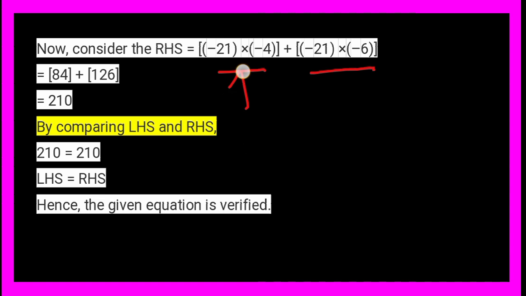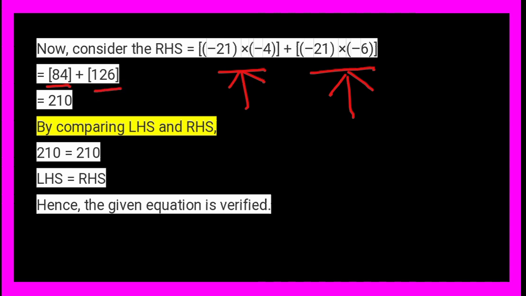First we solve this bracket, minus 21 multiplied by minus 4. Minus minus is plus, so the answer is positive, and 21 fours are 84. Second is minus 21 multiplied by minus 6, so it is 126, and the answer of this multiplication is also positive because both integers are negative.